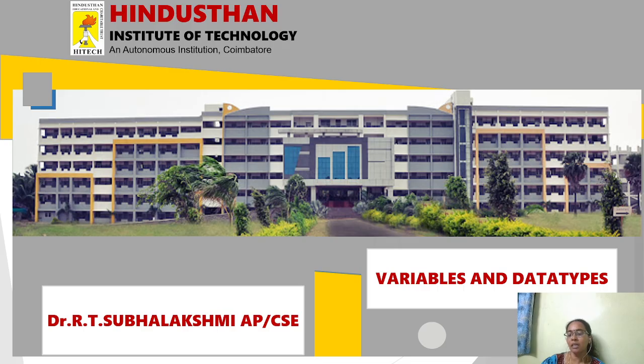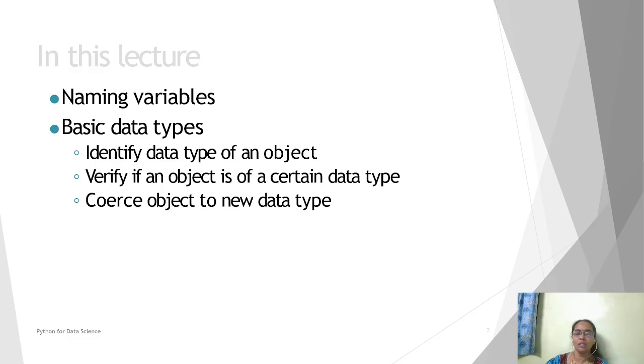In the banking application, we use the account number, the customer name, and what kind of account they have, whether it is a savings or credit account. So these are the variables or data types. The data is stored under some name, and that name is the variable. This is the first thing we are going to discuss in Python.